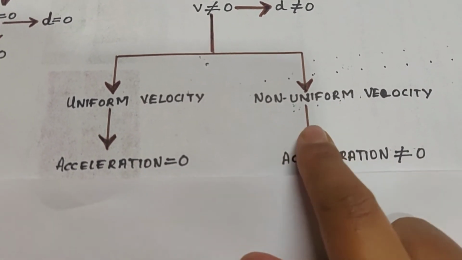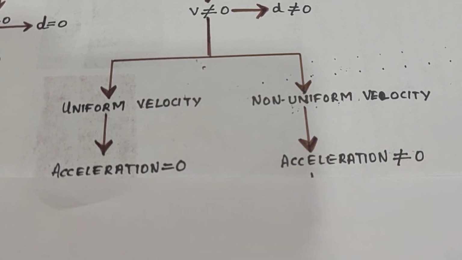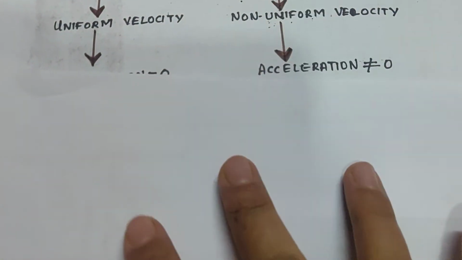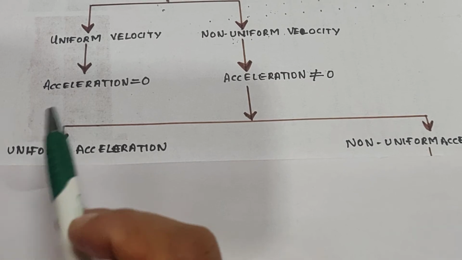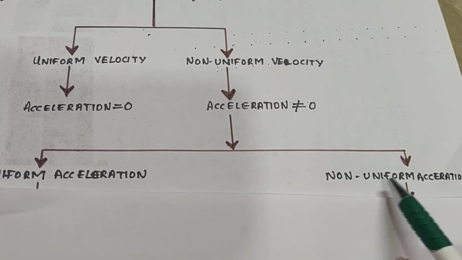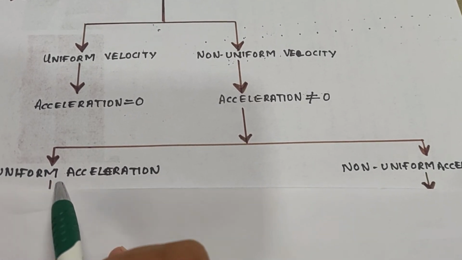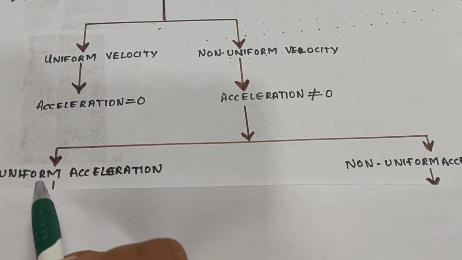Now when the object is accelerating, when the car is accelerating, again we can have two cases. We can have uniform acceleration and non-uniform acceleration. Uniform acceleration means the car is accelerating at the same rate.